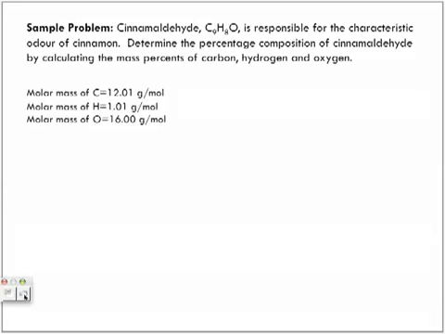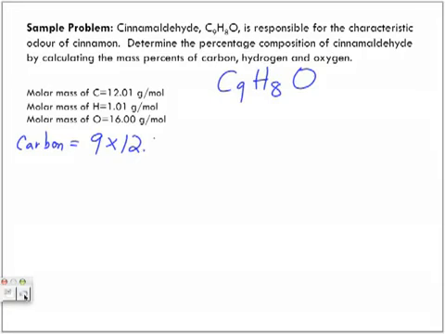Right. So what do we have? Well, we have C9H8O. So let's find it for carbon. Okay. So we know that we have how many carbons? 9. So 9 times 12.01 grams per mole. Okay.